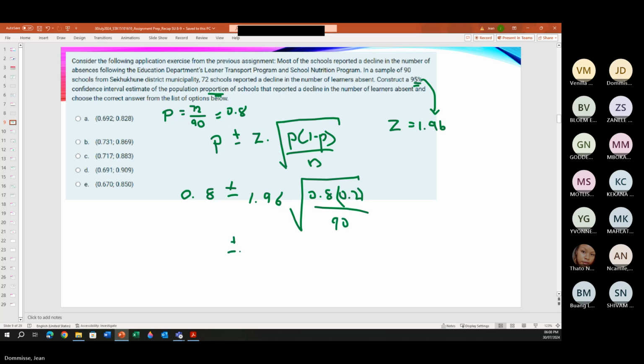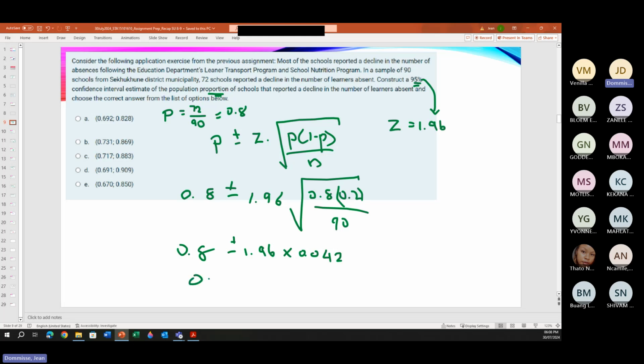So let's just write it down so that if you're doing the calculations later, you have it. So 0.8 times 0.2 divided by 90, and the square root of that. Now let's just see, I want 3 decimals. Times 1,96.